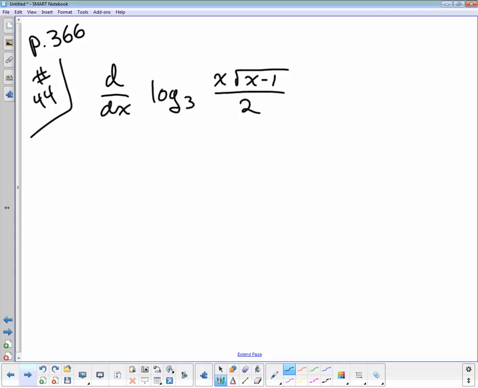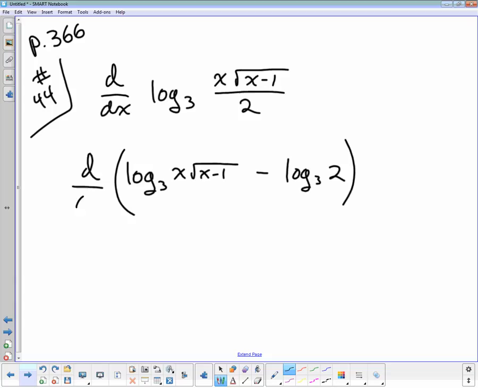Okay, well, when I deal with this, we can use some log rules to make our life a little easier right away. That right away allows me to throw away the 1/2, because if I'm taking a derivative of that constant, it goes away.